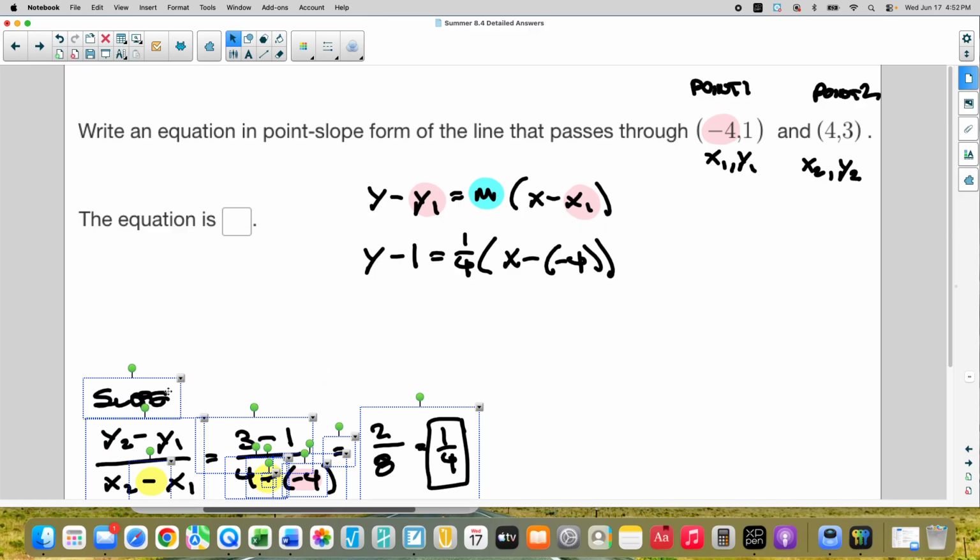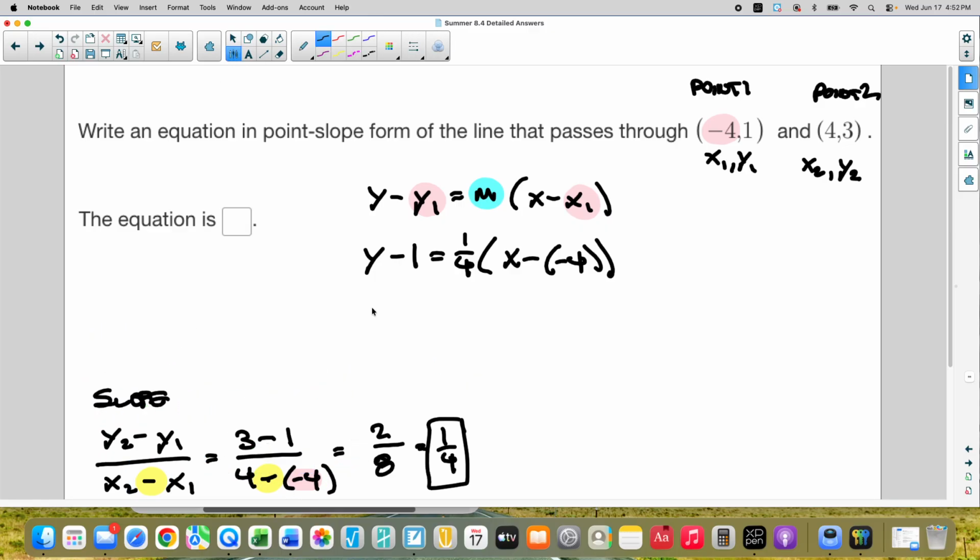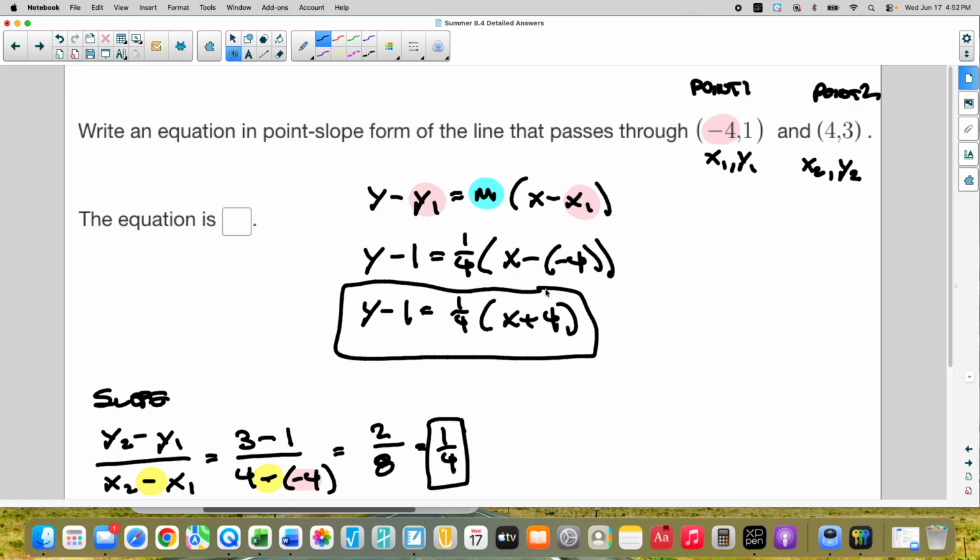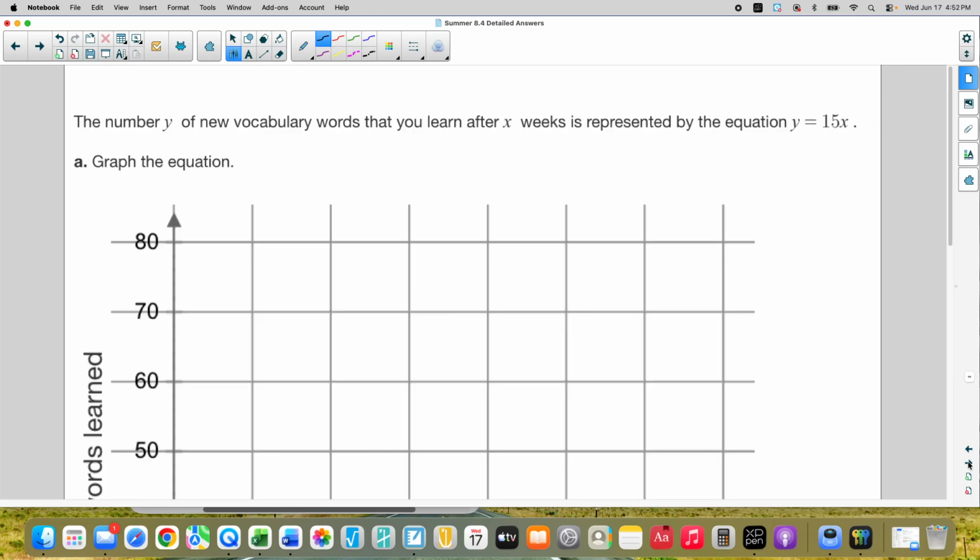That's not okay. We get y minus 1 equals 1/4 times the quantity x plus 4. That is the correct representation for a line in point slope form for the line that passes through these 2 points. Good. If you got that right, that's a good one.